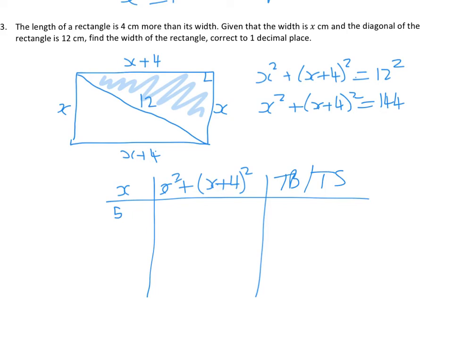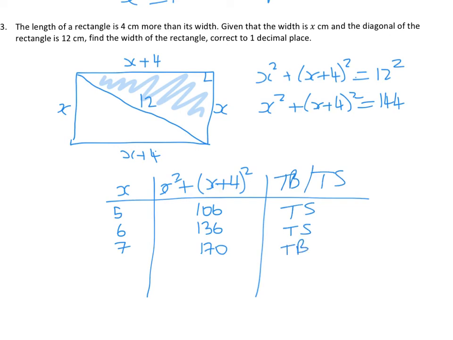I'm going to press answer squared plus and then a bracket, answer plus 4, close a bracket, and then squared, press equal, and I get an answer of 106, which I know is too small. x equals 6, and press equals, and I get an answer of 136, which again is too small. 7 then is a value, it works out to be 170, which is too big.